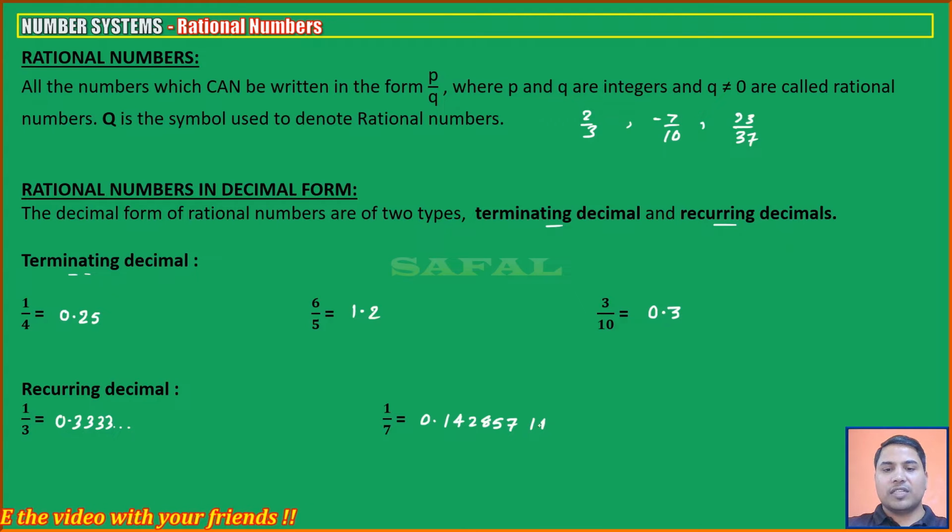This set of digits, 142857, will keep repeating. So you can see that the decimal expansion in these two cases is never ending. That's why we call this decimal a recurring decimal, also called a repeating decimal.